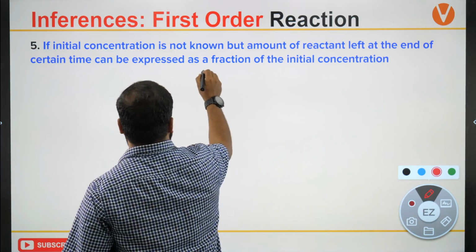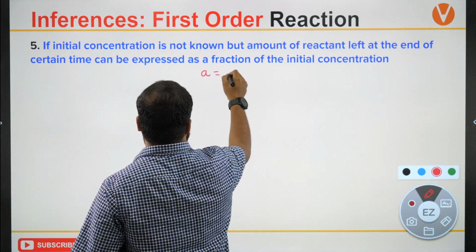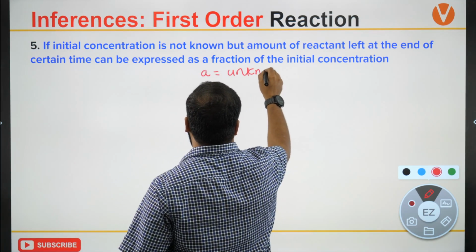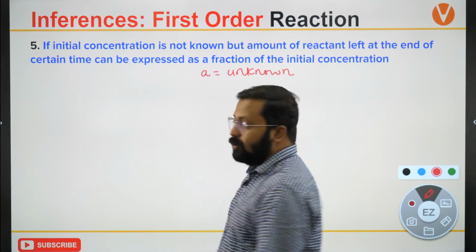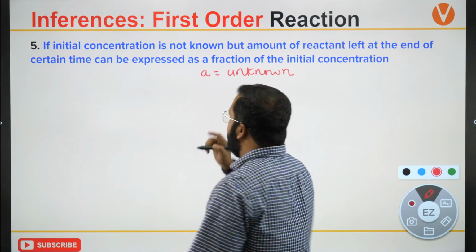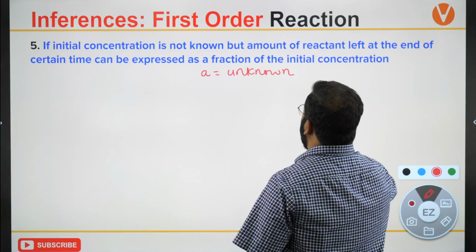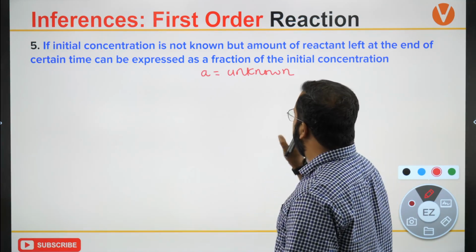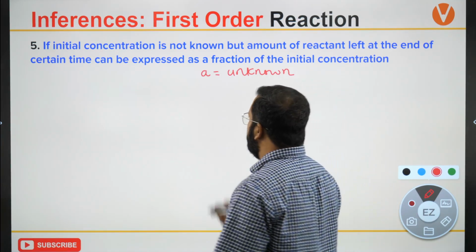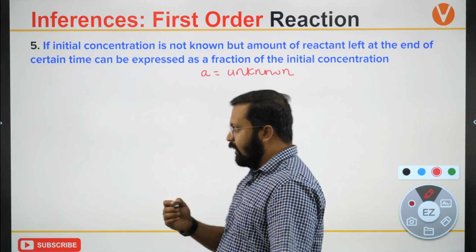So what I'm saying is that A is unknown, but what is given is that the amount of reactant left can be expressed as a fraction of the initial concentration. So what is the amount of reactant left?